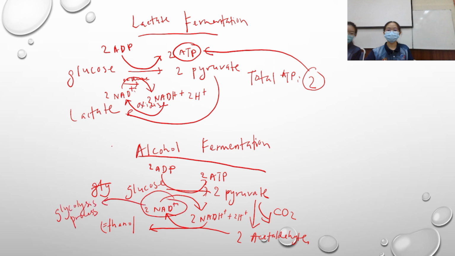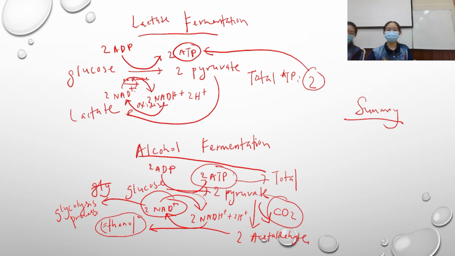Same as lactate fermentation, alcohol fermentation also produces a total of 2 ATP. So as a summary, the products of lactate fermentation are 2 ATP and lactate, while the products of alcohol fermentation are 2 ATP, carbon dioxide and ethanol. Okay, so that's the process of fermentation.